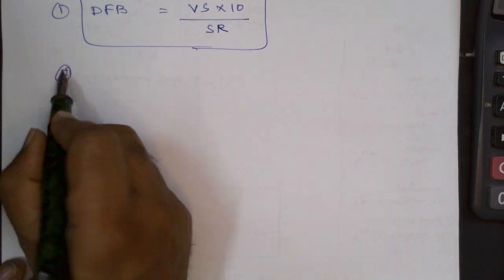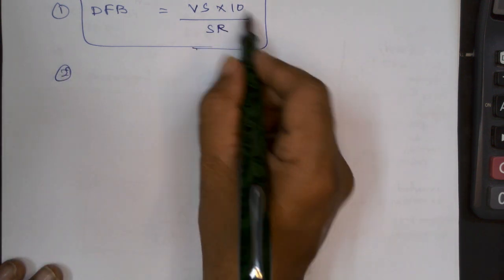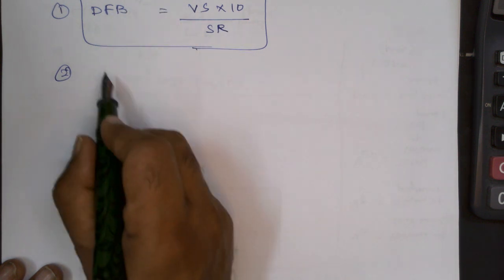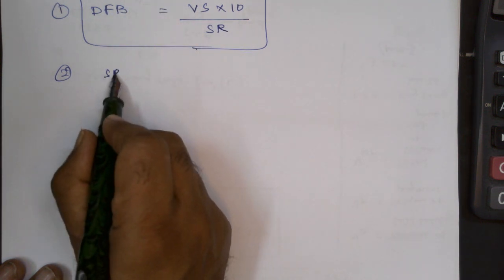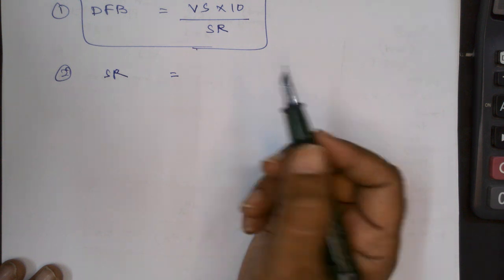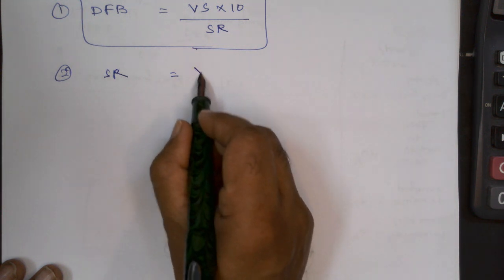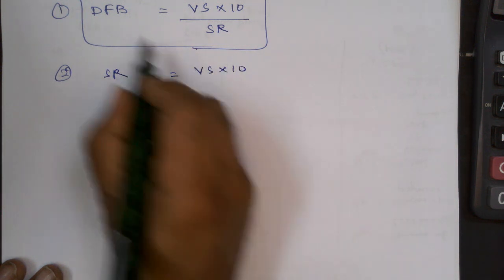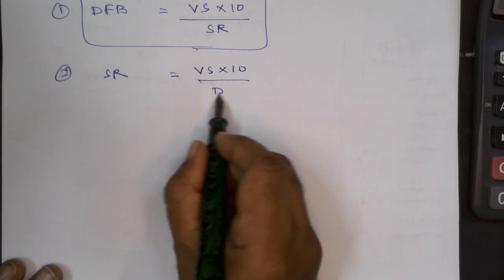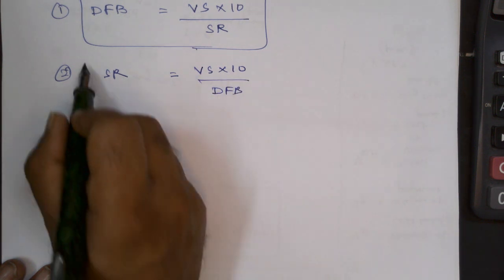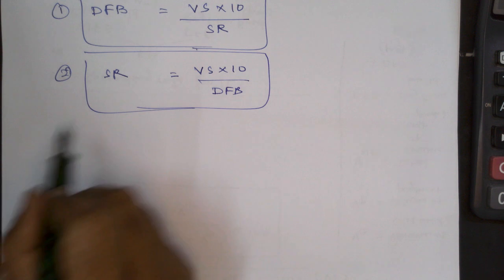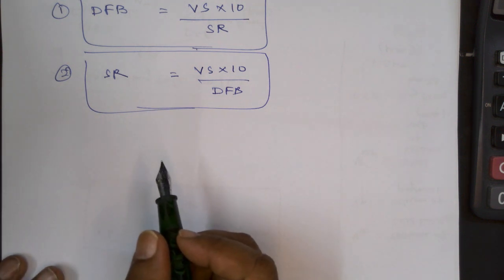Similarly, we have the spreading rate. Based on this we can rearrange. So what could be the spreading rate? That is Vs into 10, you can bring this DFB here. Okay, so you can simply rearrange and get this spreading rate.